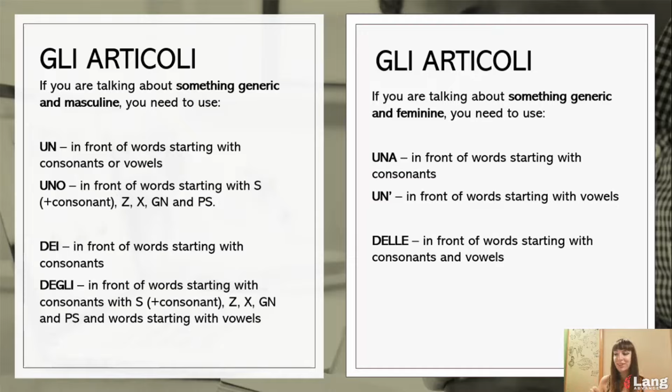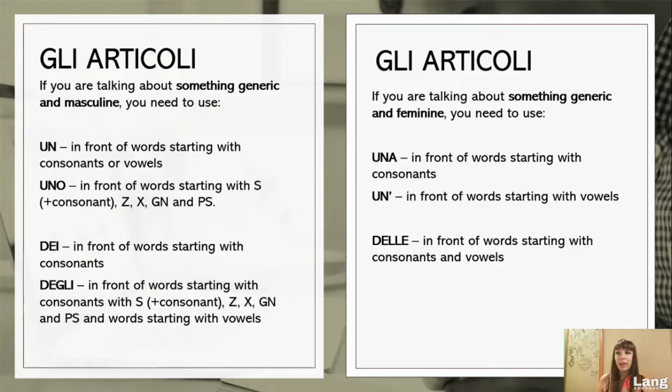Dei is the plural of un when it's in front of a word starting with a consonant. But degli will be the plural of any word starting with a vowel and also of uno, when it follows the rule of S plus consonant, Z, N, and PS.